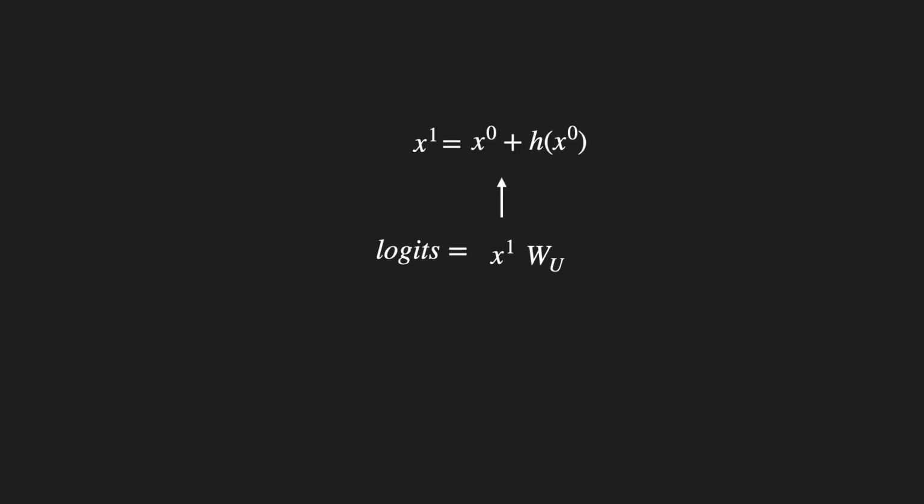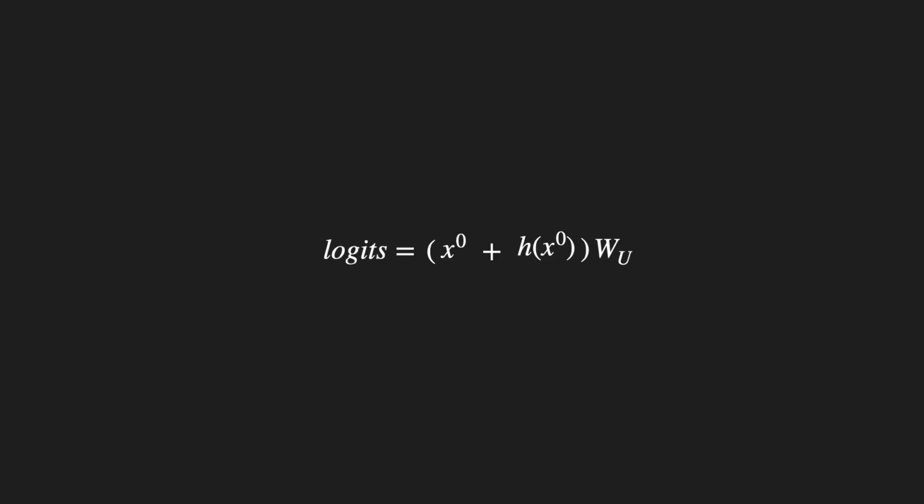So if I were to take x1, it looks like this. We already looked at this: it is going to be the sum over x0 plus the function h of x0 that we looked at, which is a tensor product. So if I were to show this in here in this equation, it looks like this. And now we could do some operation, distribute the unembedding matrix like that.